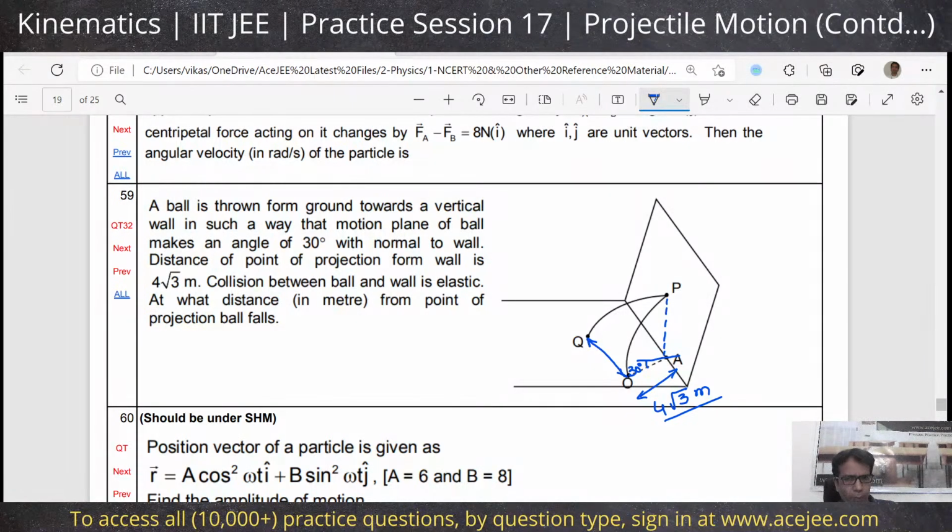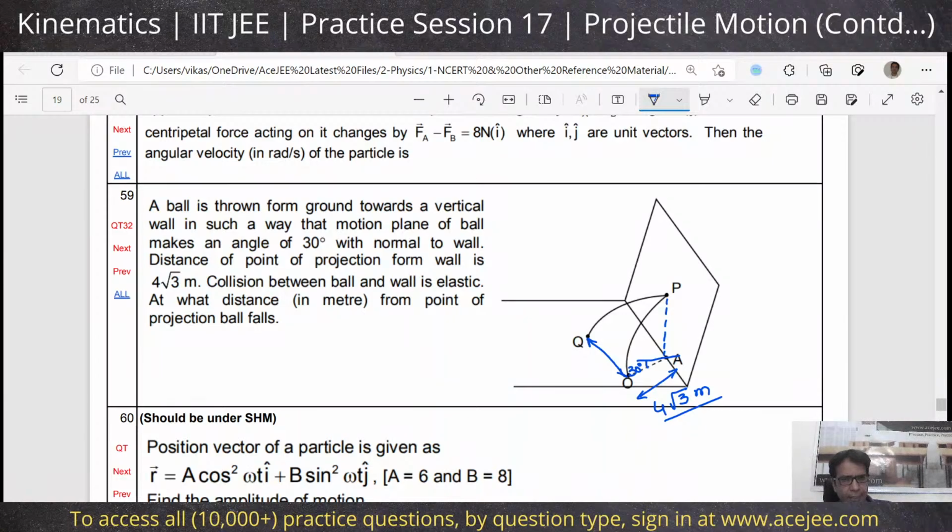Two components of velocity will not change as a result of the collision. Which ones? The component in the vertical direction and the horizontal component parallel to the wall.